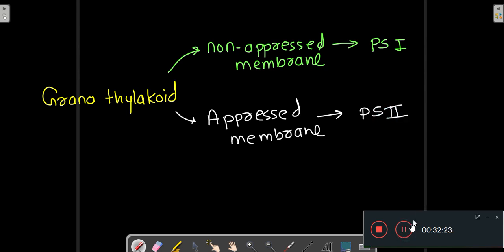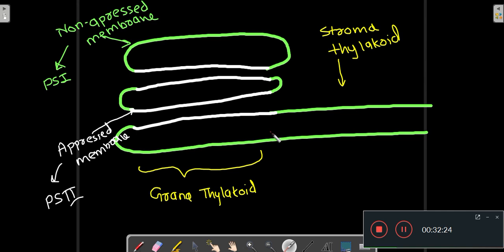So this diagram clarifies it. Now this is your grana thylakoid, this is your stroma thylakoid. The green structure that you see is non-appressed membrane. That is, it has a free surface, and the white is appressed membrane. That is, this membrane is not free, it is appressed upon each other.